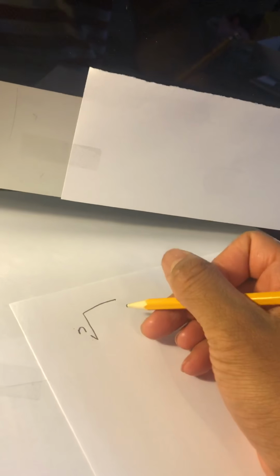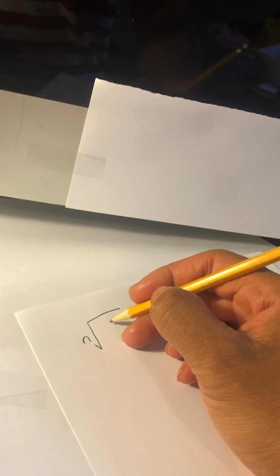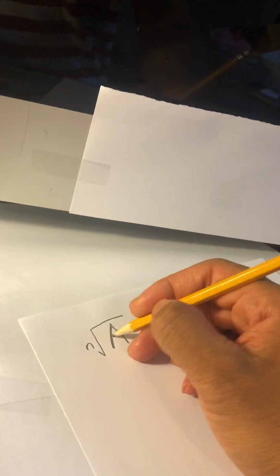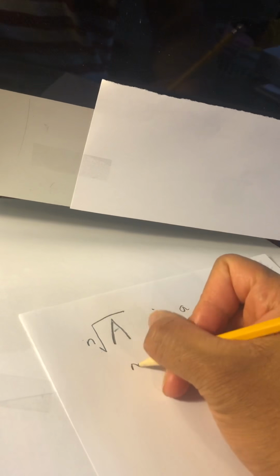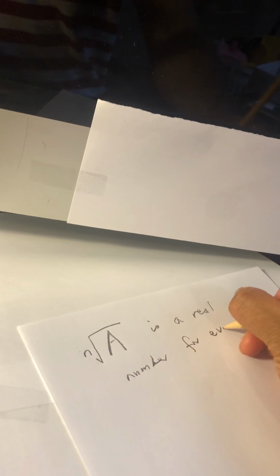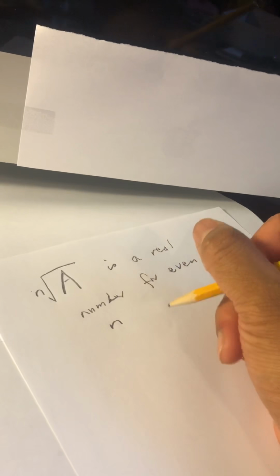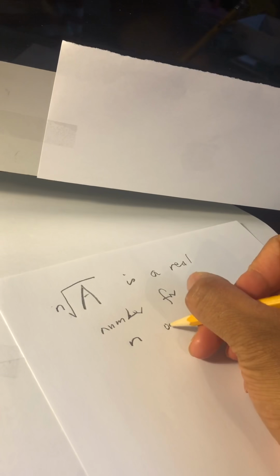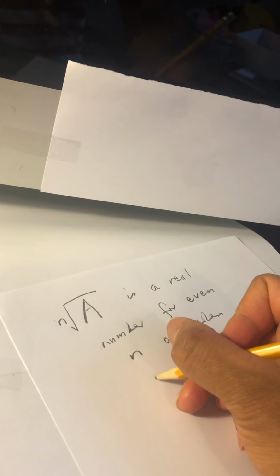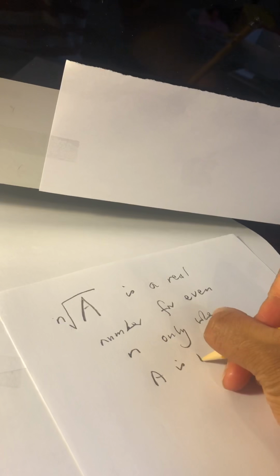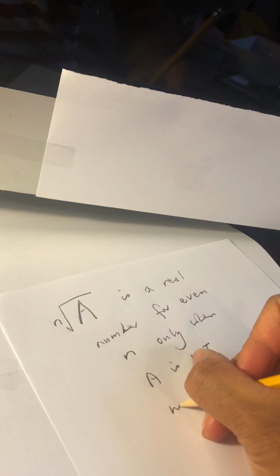That is not always the case for every n. The nth root of a is a real number for even n only when a is not negative.